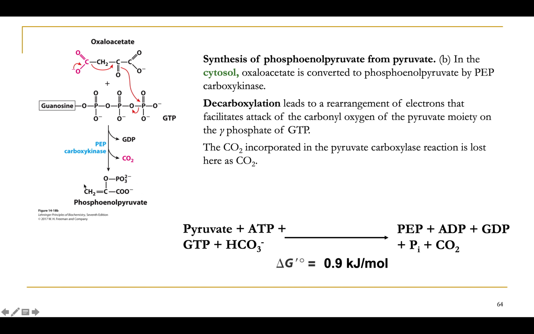energy difference between the phosphoenol pyruvate and pyruvate. So phosphoenol pyruvate is a much higher, much more energetic molecule, and to load the necessary energy into pyruvate, one ATP equivalent is not sufficient.